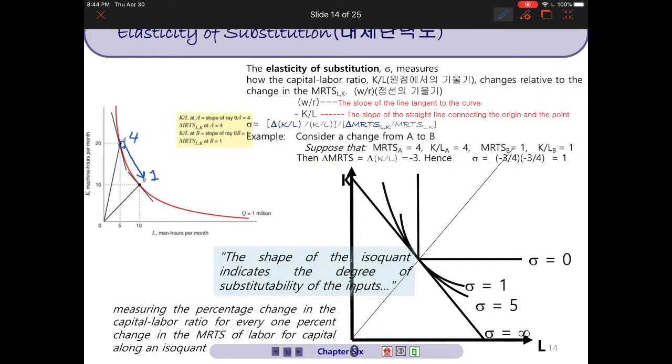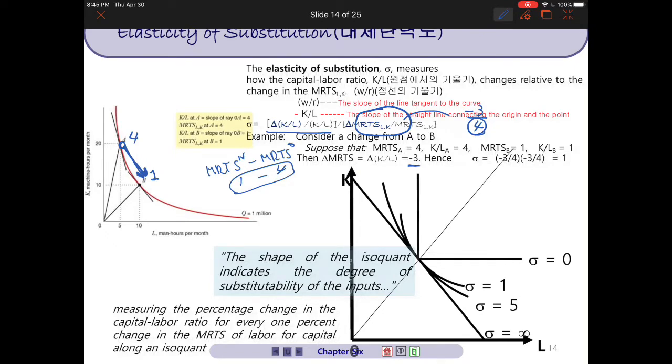So the change in MRTS is the new MRTS minus the old MRTS: 1 minus 4, which is -3. That should be my change from A to B. Then what about the percentage? It will be -3 over 4, since the original MRTS was 4.